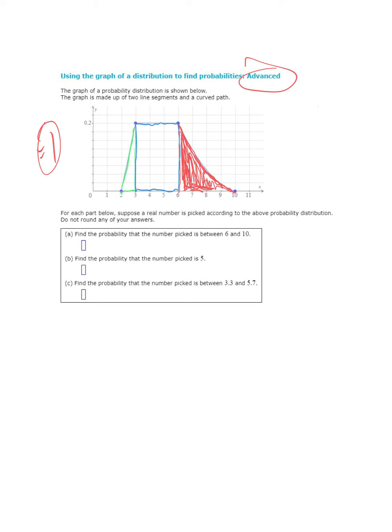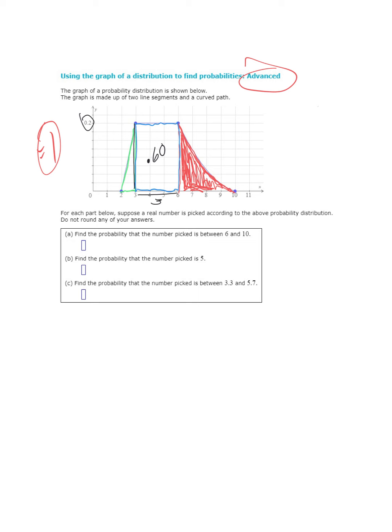My blue rectangle has a base from 3 to 6, so that's a width of 3, and it's got a height of 0.2. So 0.2 times 3, this rectangle has an area of 0.6.